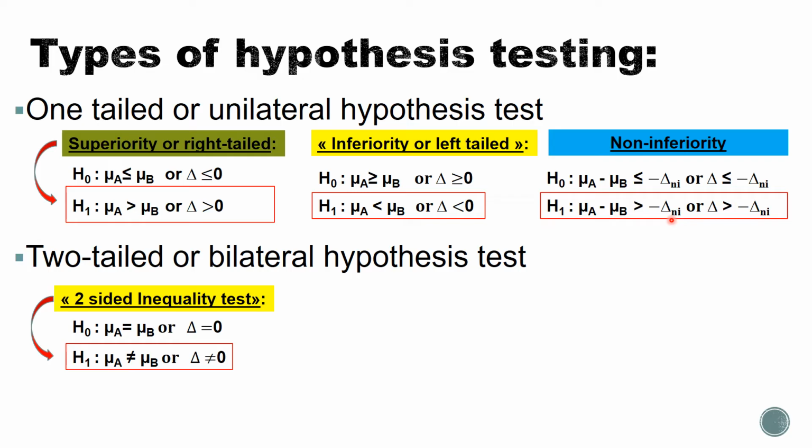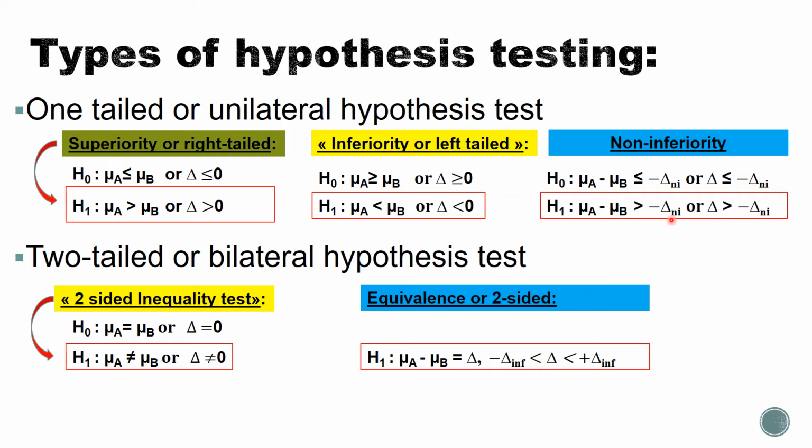To conclude, you would have to take into consideration a risk due to sample error. I don't want to go into the details, but right now we just try to understand the principle of inferential statistics.